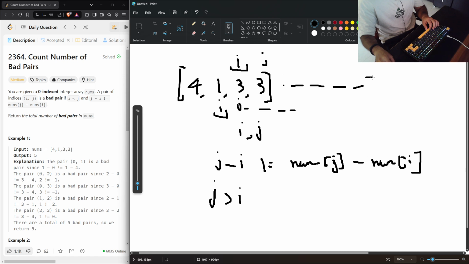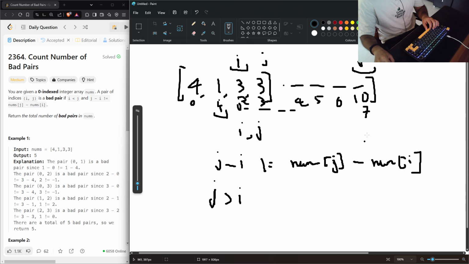Let's say we have a much longer list here, and all those j's will be compared with this i to find if j minus i is not equal to the value at j minus the value at i. Let's say we have a 10 here and 3 here. The indices are 0, 1, 2, 3, 4, 5, 6 and 7.